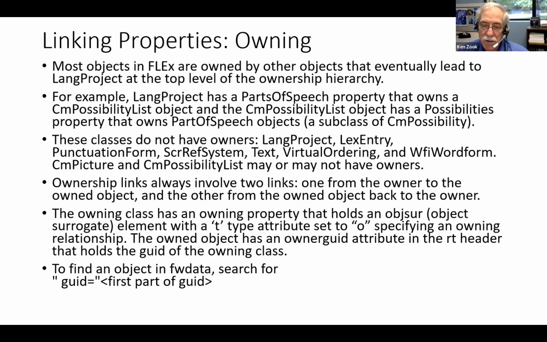The owned object has an ownerguid attribute in the rt header that holds the guid of the owning class. To find an object in FW data, you can look for double quote, space, guid, equals, double quote, and then the first part of the guid, and that'll get you to the real instance instead of some other use of that.